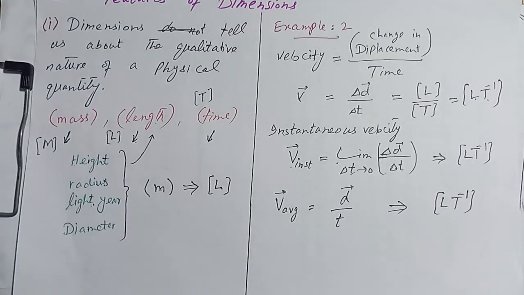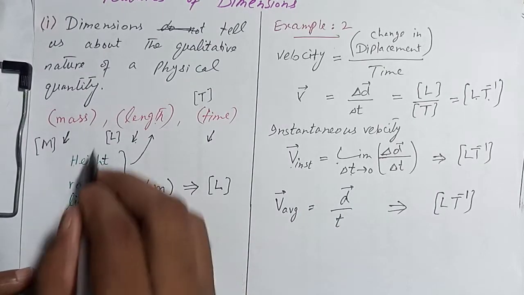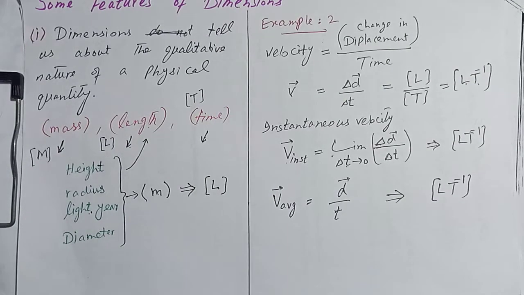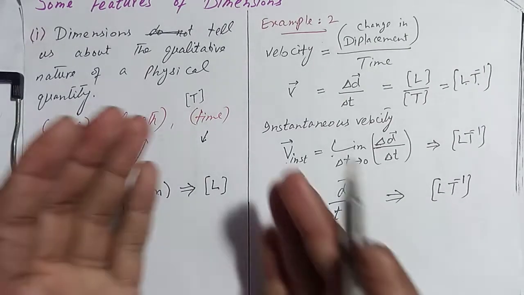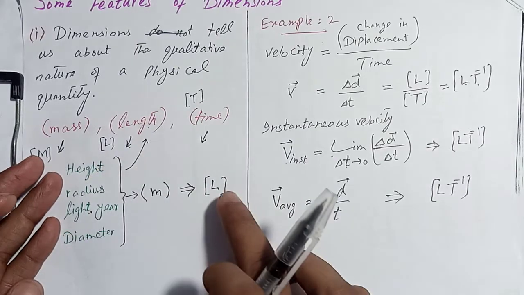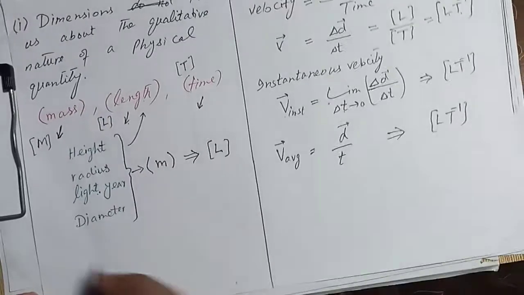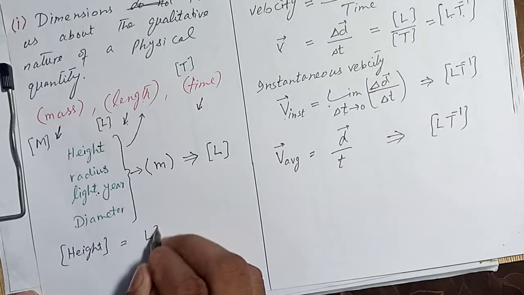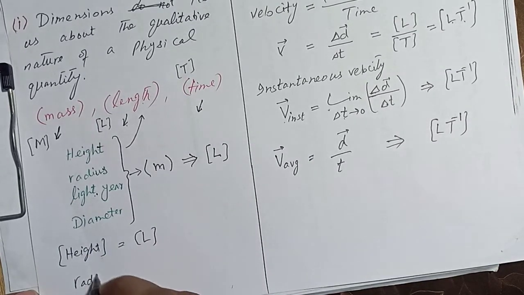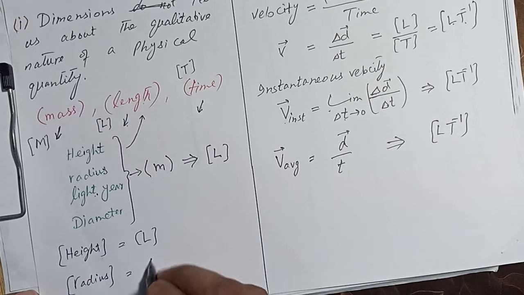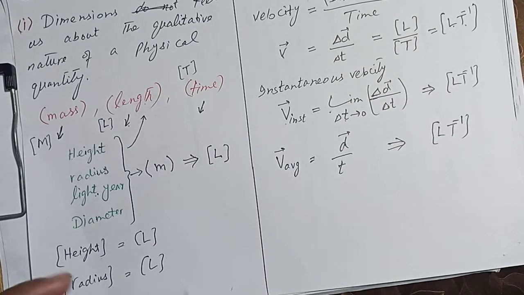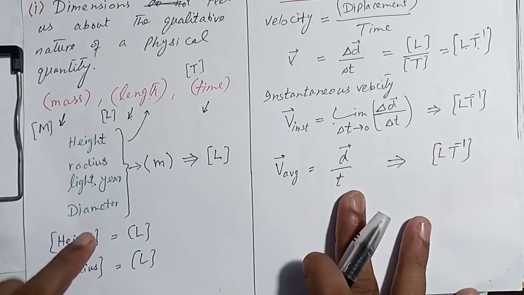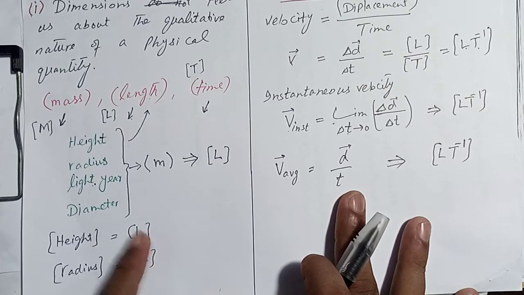So all these quantities are measured in meters and they have same dimensional symbol, that is capital L. So for dimension of height we will write L. For dimension of radius we will write capital L, which means that these are different names, but by nature they are representing a same physical quantity, that is length.